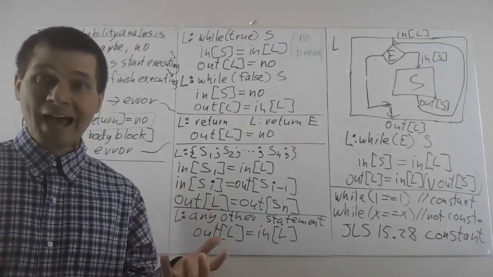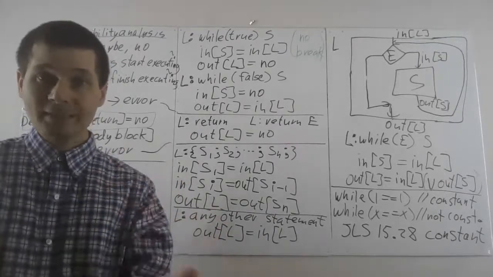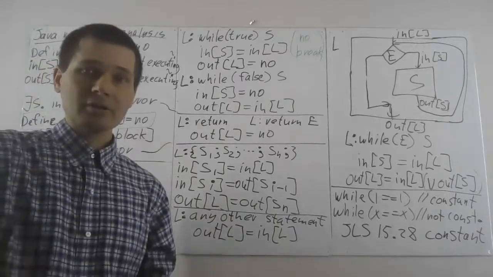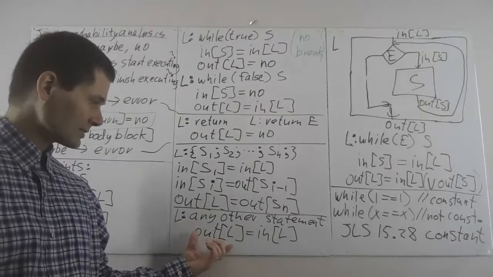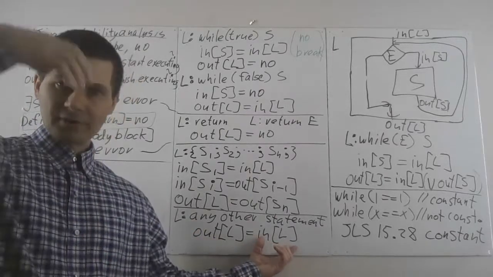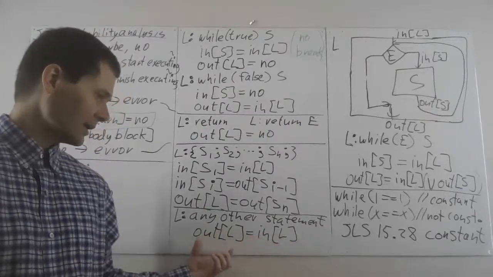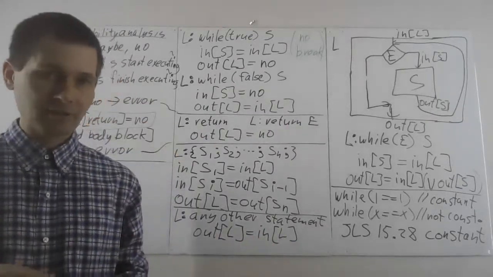Any other statement could also be a method call. And this analysis is going to say that if it's possible for you to start calling that method, then it's also possible for that method to return to you.